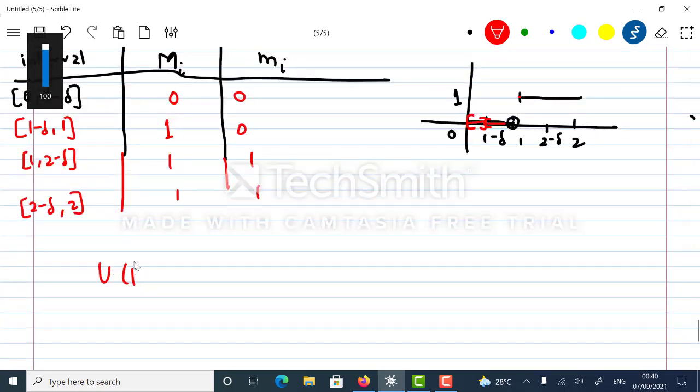So U P delta F is equal to the summation.